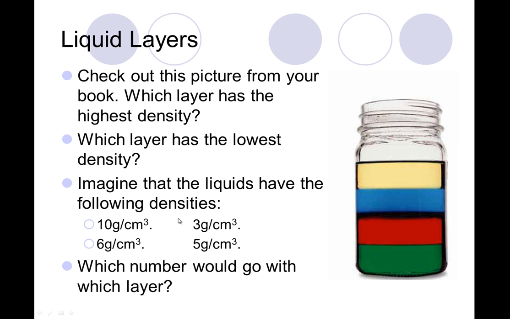So now let's put these in order. Let's go from the lowest to the highest. 3 grams per cubic centimeter should be at the top, followed by the blue one being 5 grams per cubic centimeter, followed by 6 grams per cubic centimeter, and then 10 grams per cubic centimeter at the bottom.